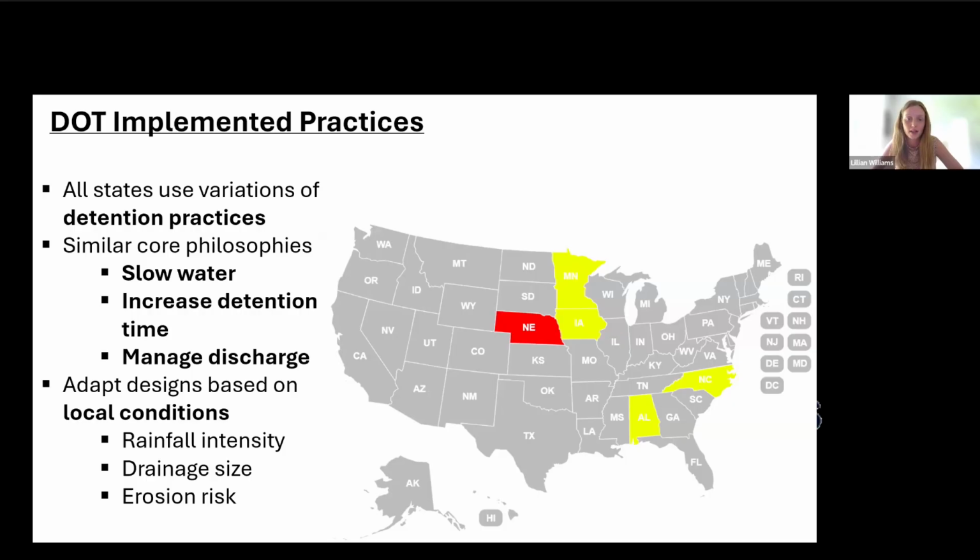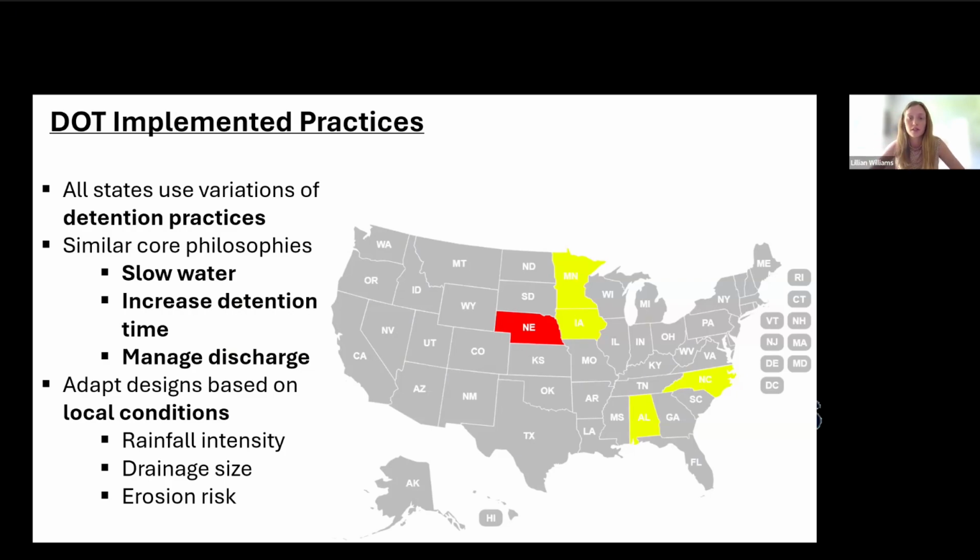Other DOTs related to Nebraska were Iowa and Minnesota, and those states have kind of reputable stormwater measures or programs. They're kind of pursuing that development. So we decided to take a look at those states, and those are in the Midwest region, so would have similar conditions that Nebraska would experience.